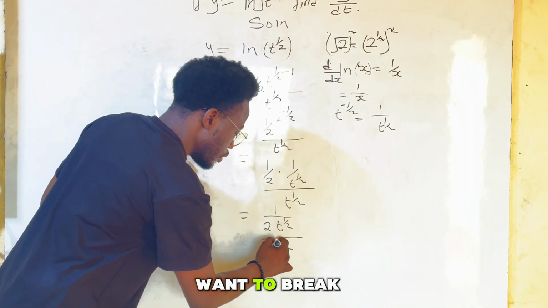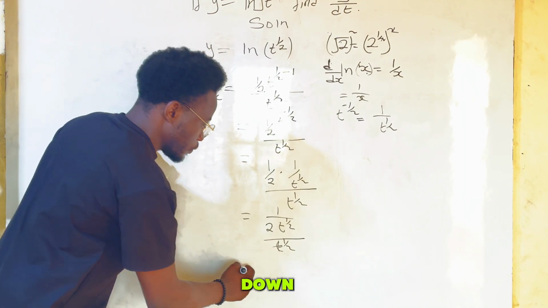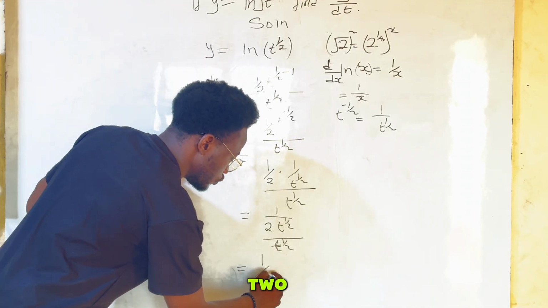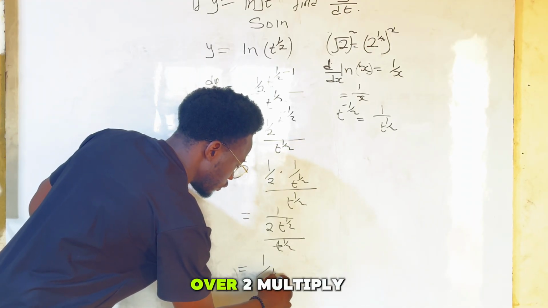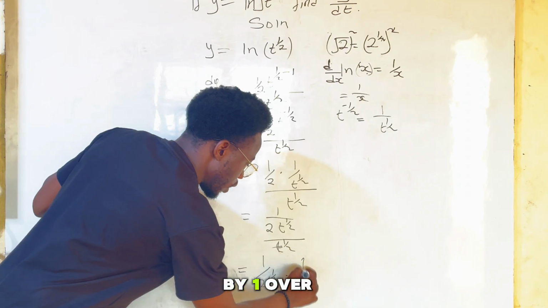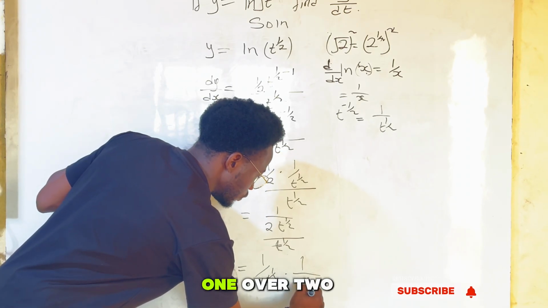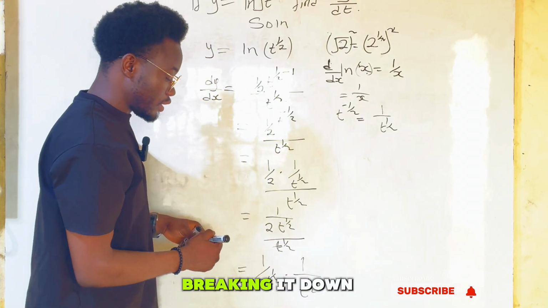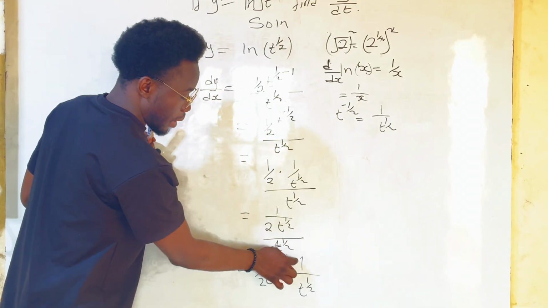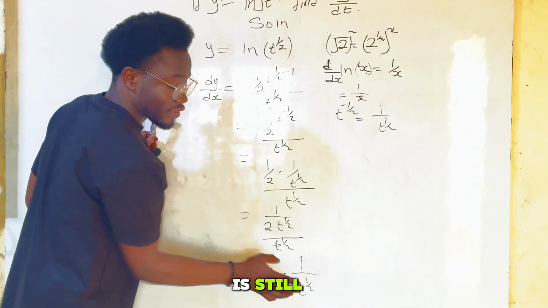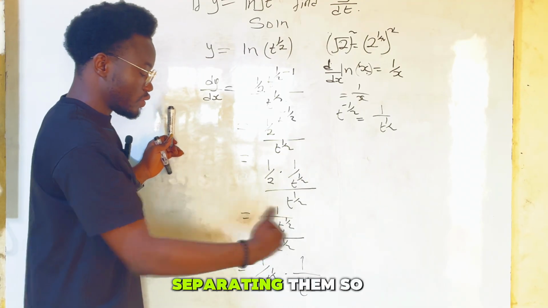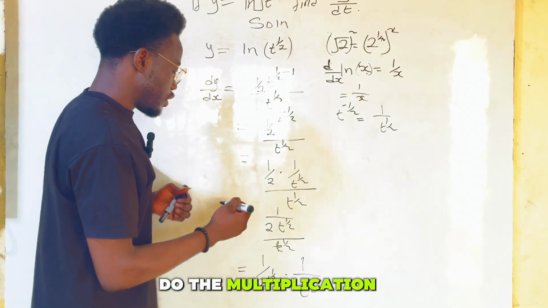Now we want to break the whole fraction down. So this is going to be 1/2 times 1/t^(1/2) multiplied by 1/t^(1/2). We are just breaking it down. If you take this, multiply by 1, you are coming up, and this one still coming down. We have not done anything, we are just separating them, so we can easily do the multiplication.